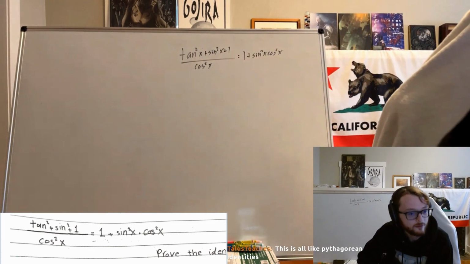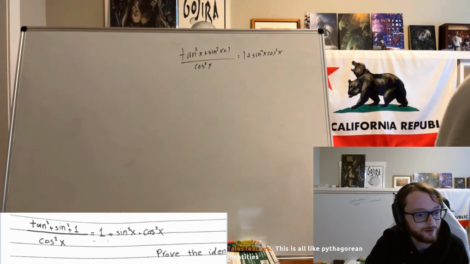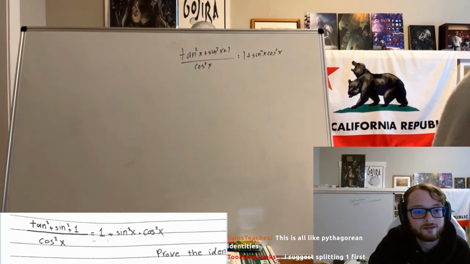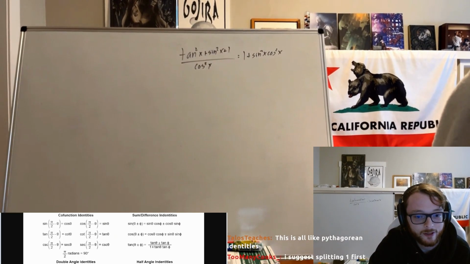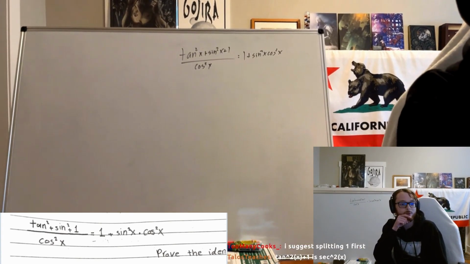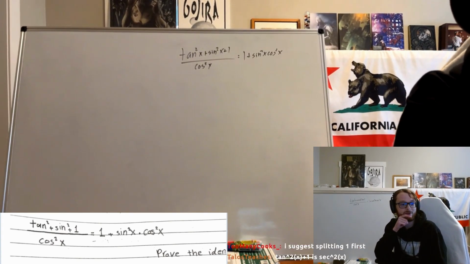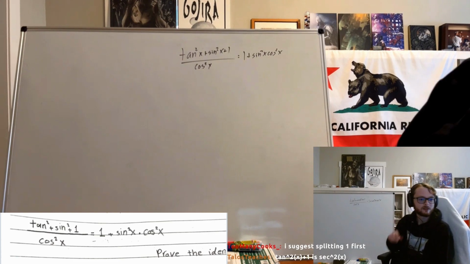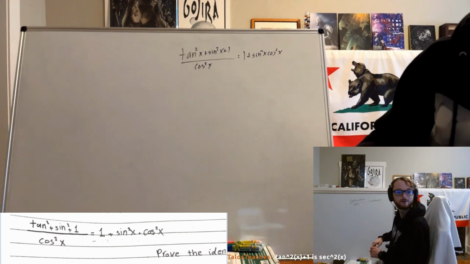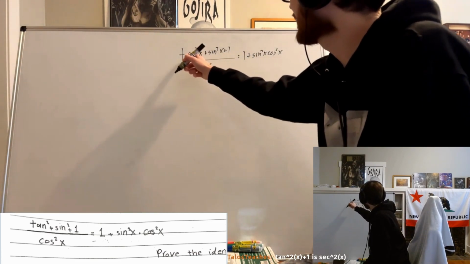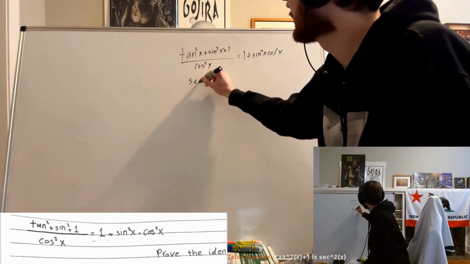Actually, because everything is squared, I just want to see quickly if there is one, what the tangent, oh no, the tangent squared one looks ugly. I don't want that one. Oh wait, but that one might be helpful though. Tangent squared plus 1 is secant squared. I was thinking a different tangent one. We can try that one, Talos. Just see where it leads us. So we can say that tangent squared plus 1 is the same thing as secant squared.